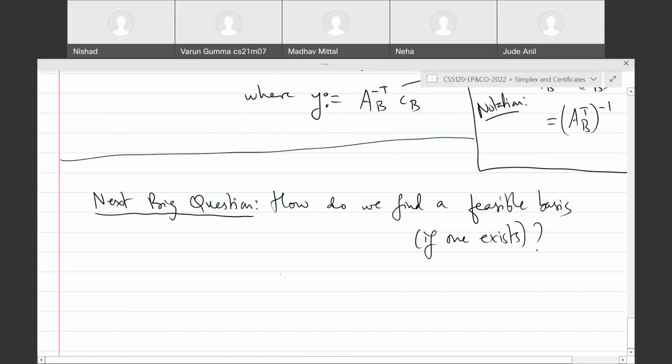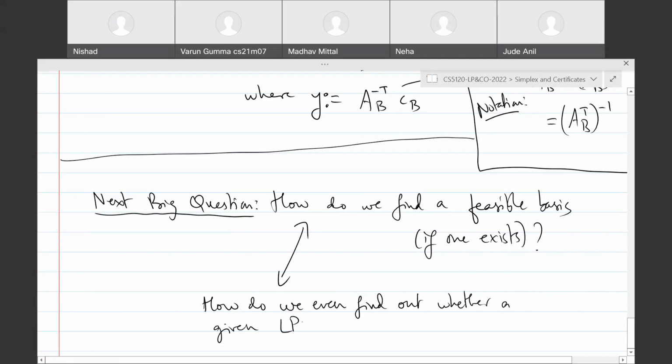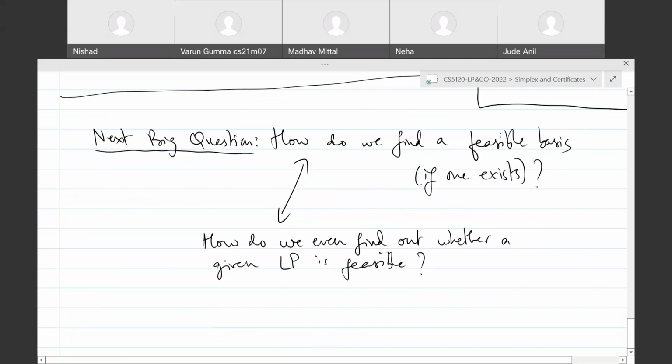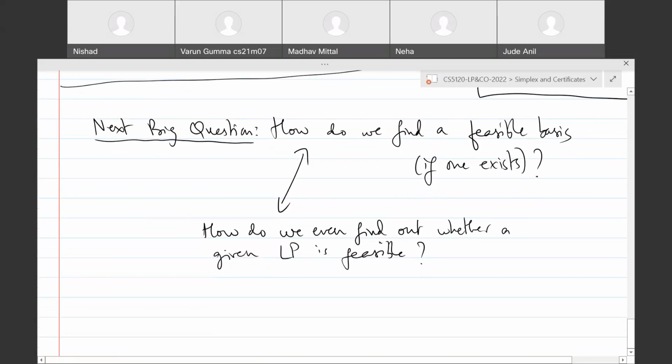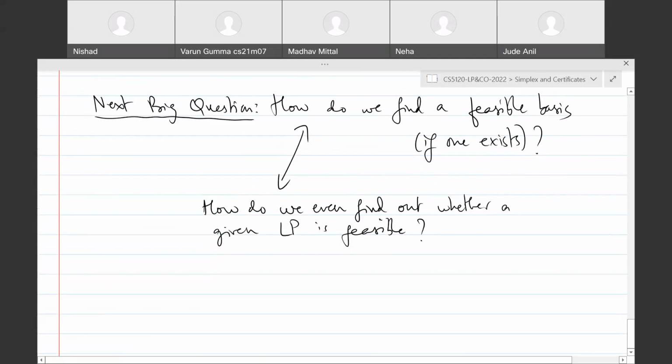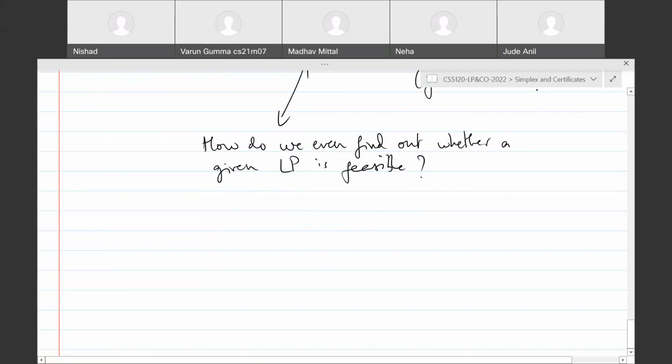And as I said, this is the same as asking, how do we even find out whether a given LP is feasible? We won't have time to go through the whole of this today. I would like to give it to you as a try it yourself problem along with some hints.